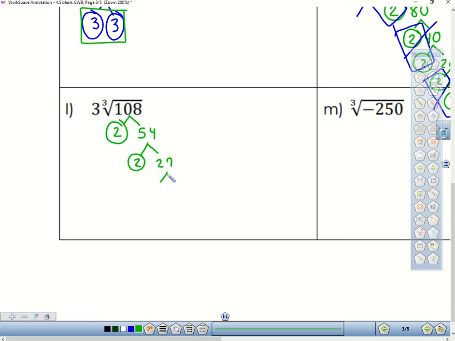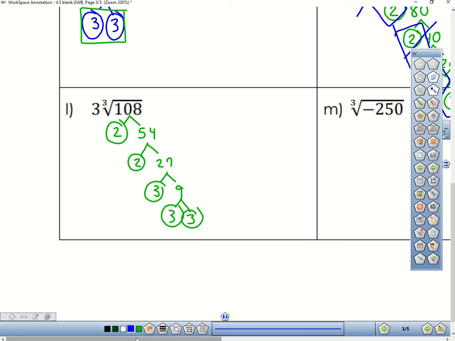And what does 27 break up into? 3 and 9. And then what does 9 break up into? 3s. So we've done its prime factorization.